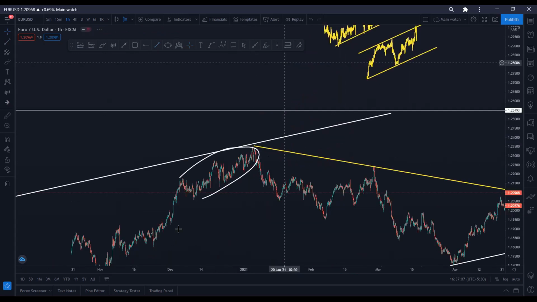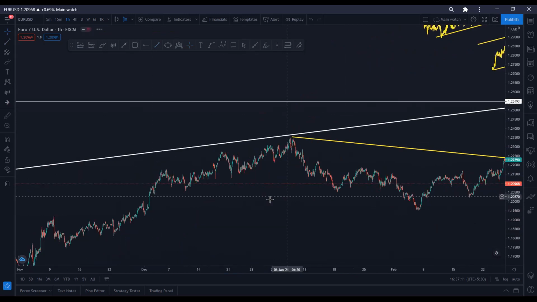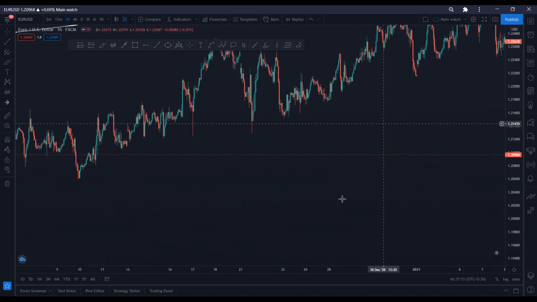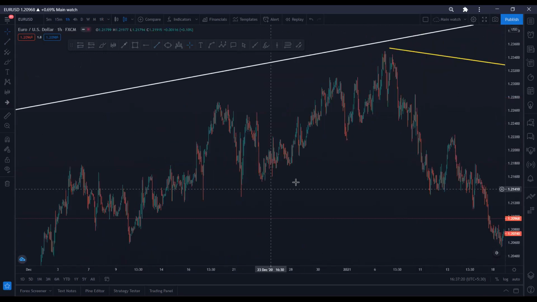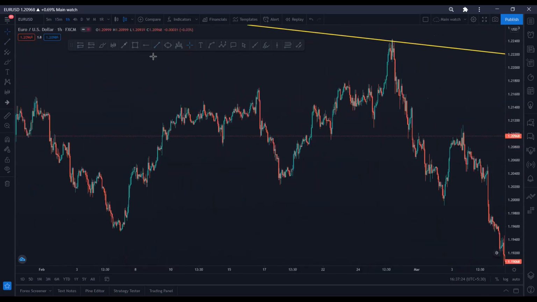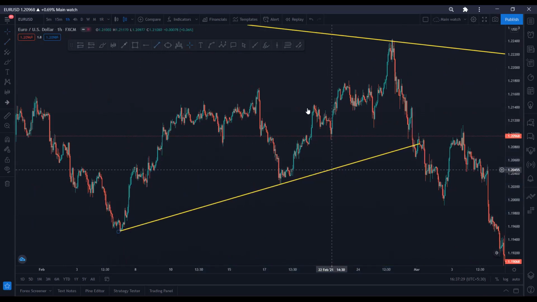This was a creepy move. Yeah, you can see so much creepy move at that area, but this was very clear, indicating that price will move down from the top.